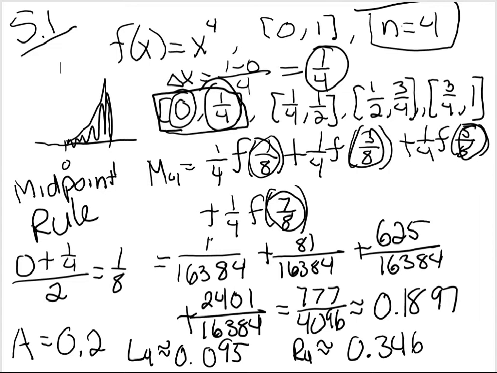So notice the midpoint is a lot closer to our true area of 0.2 than L4 and R4. So the midpoint in this case did a better job of approximating. The only thing was it required that additional little step.